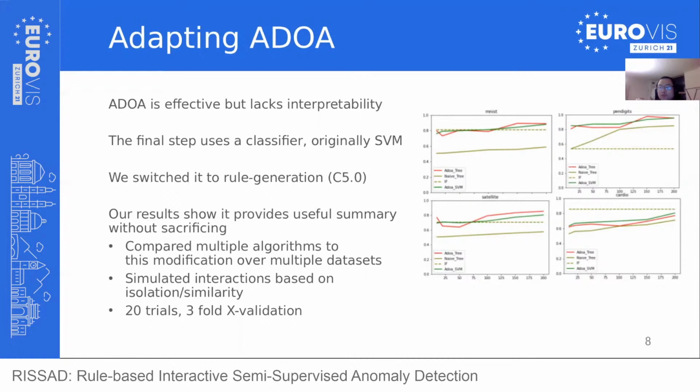As we see, for all four datasets, our modification, which is ADOA tree, has similar performance as the original algorithm ADOA SVM. As for the other two, the ADOA tree outperforms the decision tree under all situations, and it outperforms the isolation forest in most cases given a sufficient number of interactions. The advantage we get from the modification is that now we can produce the rules.